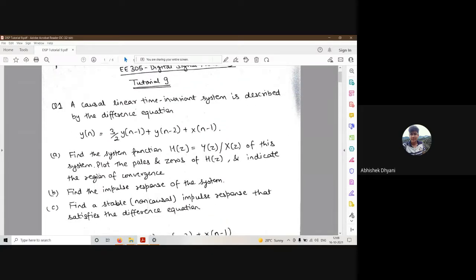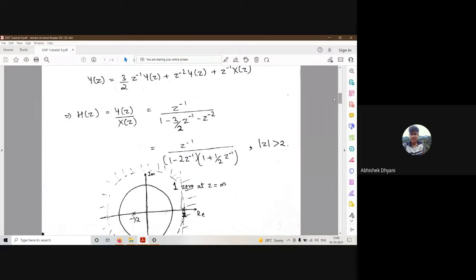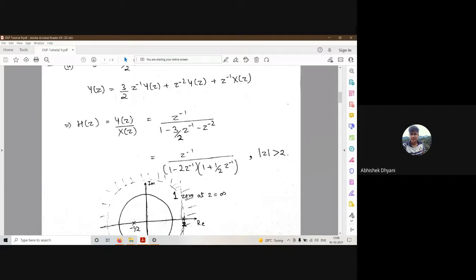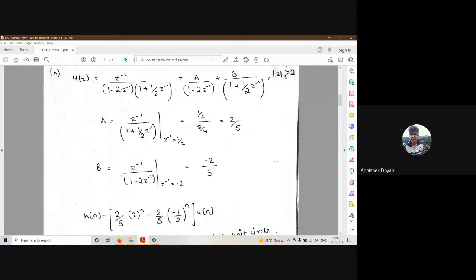In the second part, we have to find the impulse response of the system. Impulse response means we have to find the inverse z transform, so I have to find h(n).